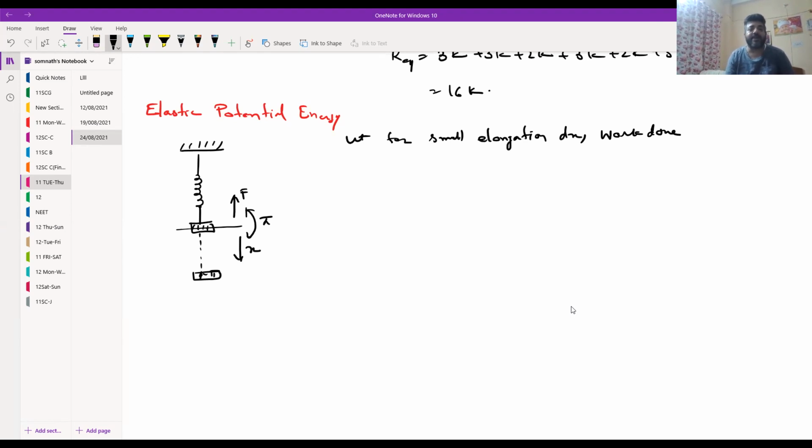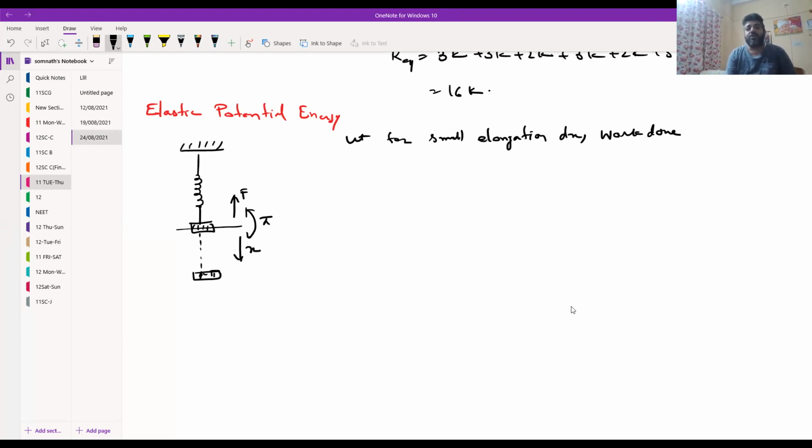Means elastic potential is the internal energy which opposes the external work done and supports the internal work done. So here the force is the spring force, so that is the internal work done. Okay, we are calculating this internal work done.